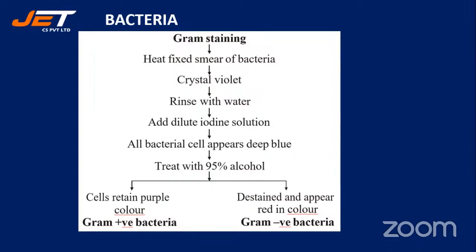Then the gram positive bacteria will still have the purple color even after washing with alcohol, but the gram negative bacteria will appear red in color even after washing. Why? Because I told you gram positive bacteria has teichoic acid and a thick peptidoglycan layer, which the gram negative bacteria does not have. So because these layers are thick, they can retain the color, but gram negative bacteria cannot retain that color for that reason.